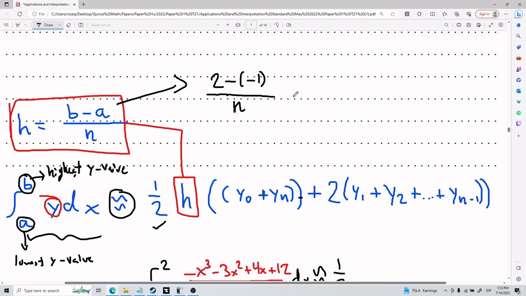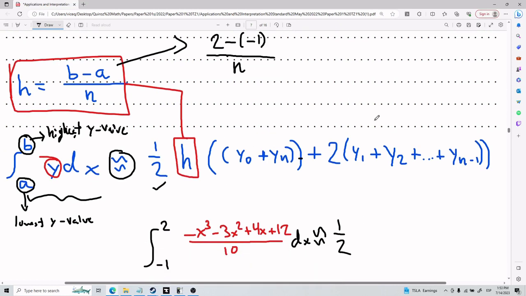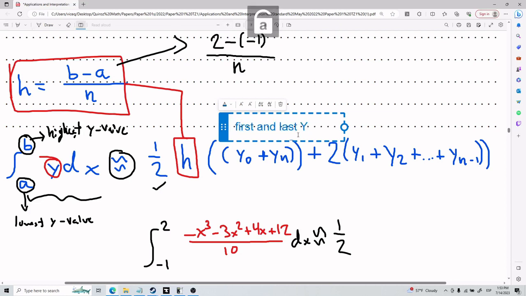Let's take a moment, see? The rest of my formula talks about y0, yn, y1, y2, yn minus 1. And I know that looks really weird. Okay, so let me give you an intuition. The first two on the left side, y0 and yn, are going to be your first and last y values.